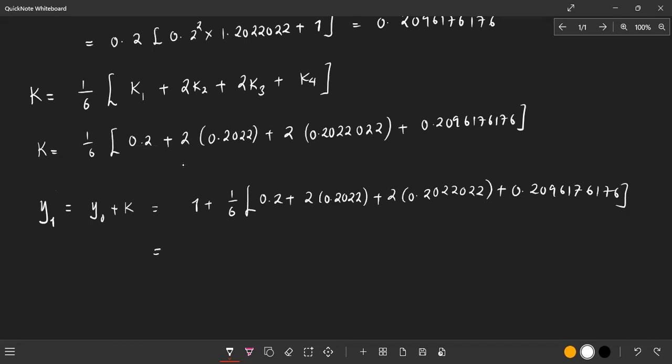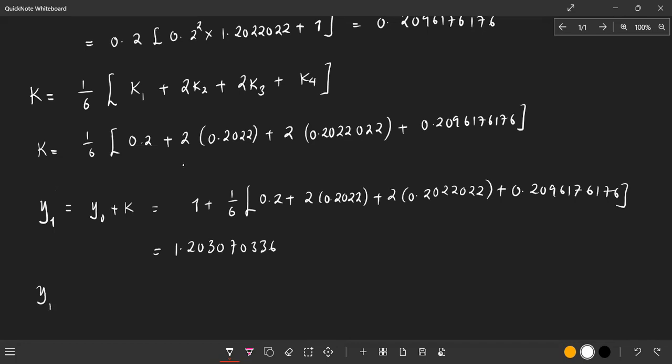If you punch this in your calculator, you're able to get about 1.2030703336.